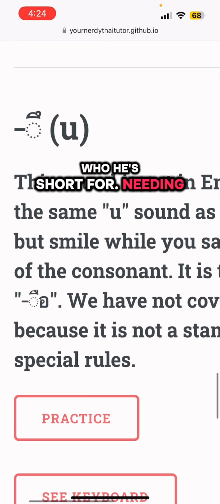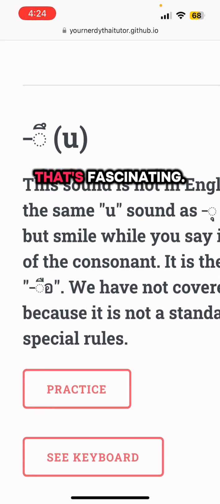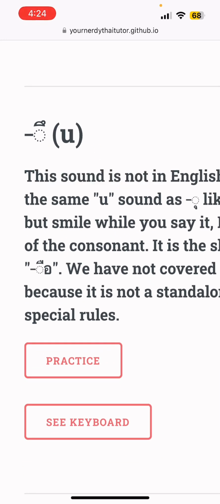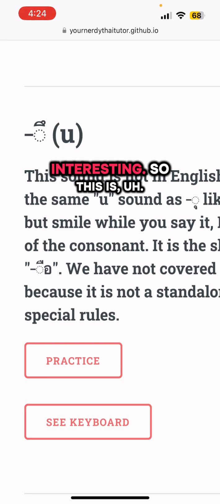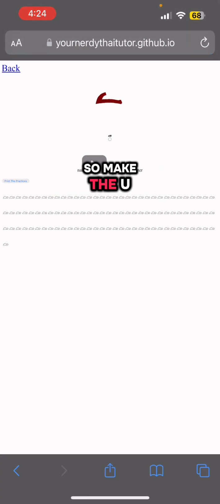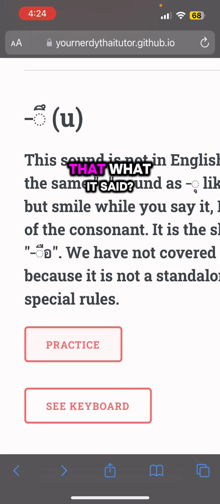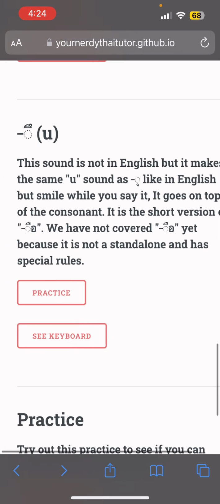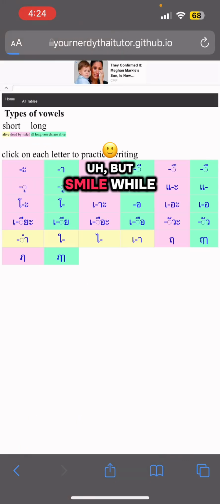Who he's short for needs an o-ong next to him every time? That's fascinating. He's got like a double tail, like our other guy who has one tail. Interesting. So let's practice our short one. Make the U sound, but smile. Is that what it said? But smile while you say it.